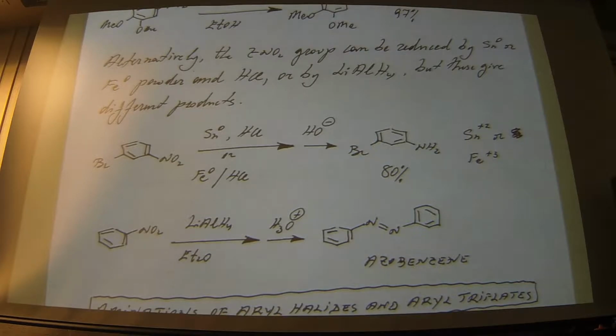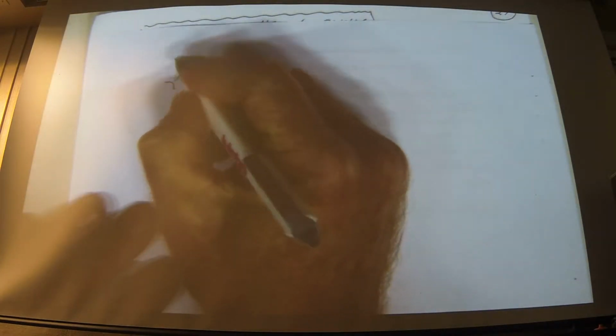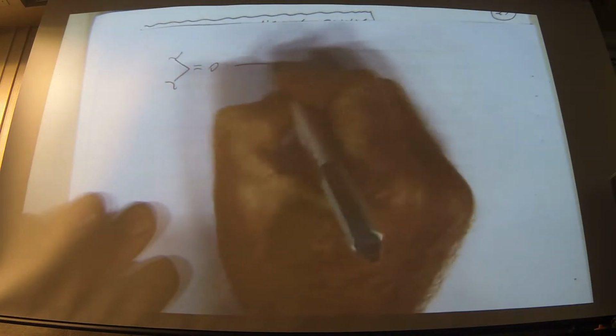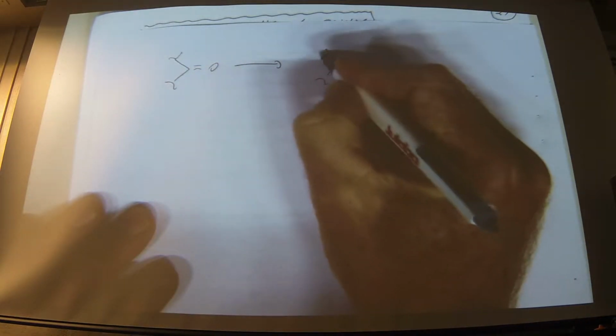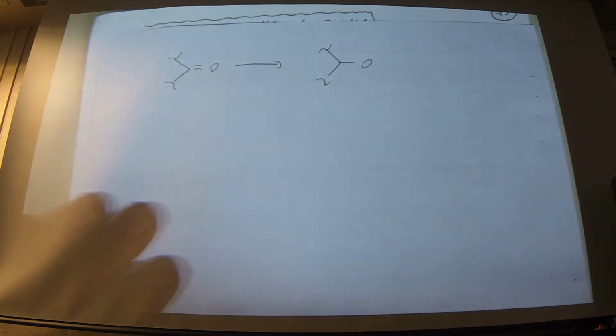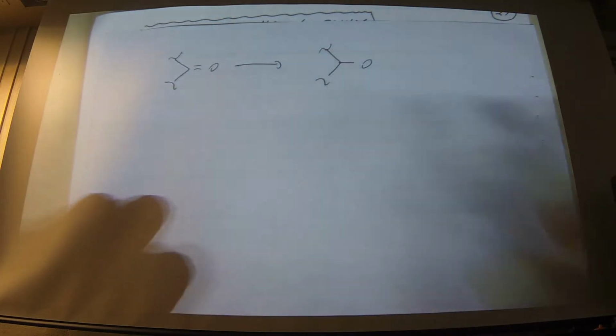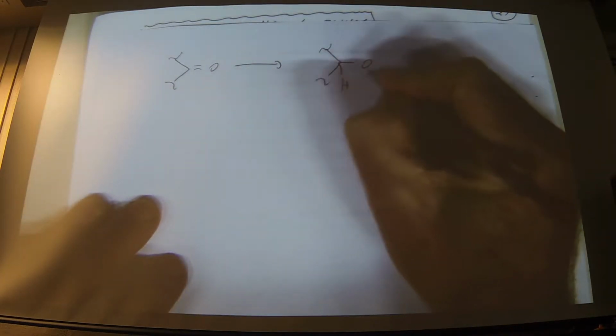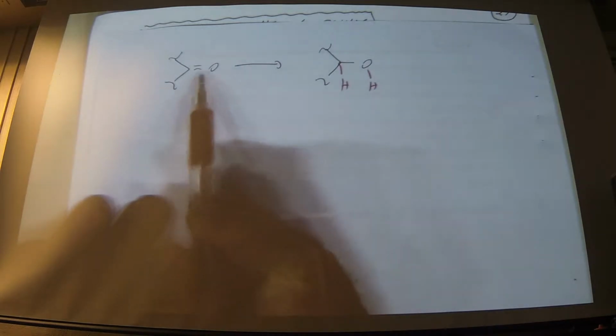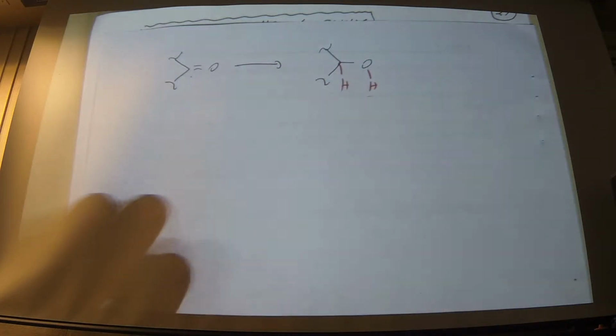One way to think about that, by the way, is as follows. If you are reducing a ketone to an alcohol, just think about what has to happen. You have to take this ketone and add the elements of hydrogen across that double bond. That's a reduction, pretty clearly.